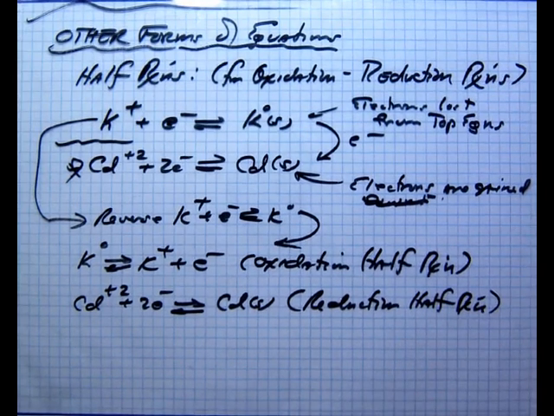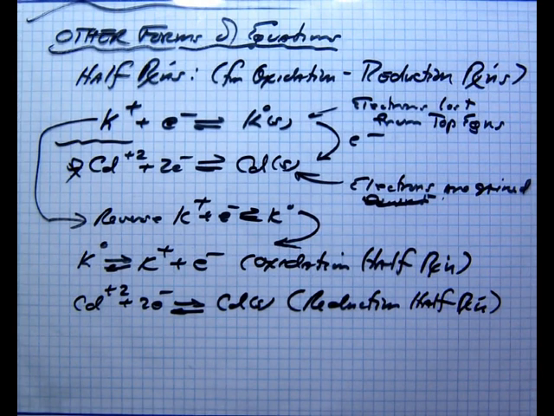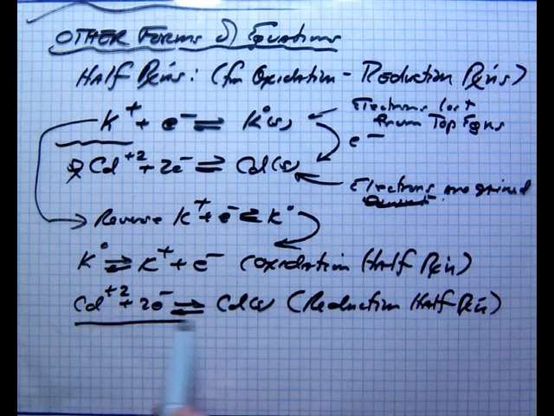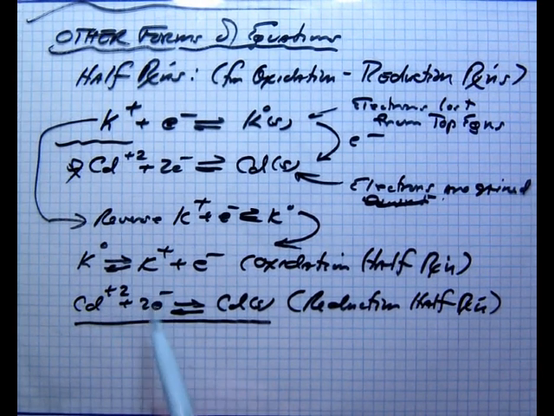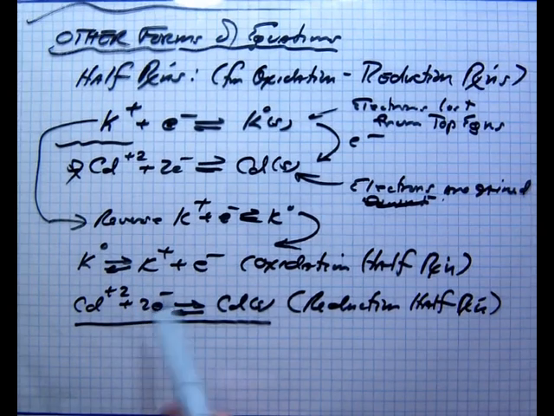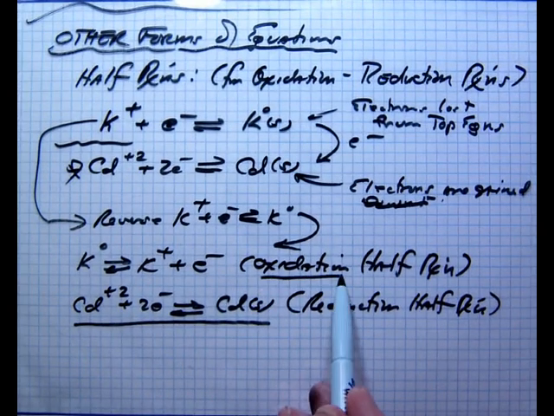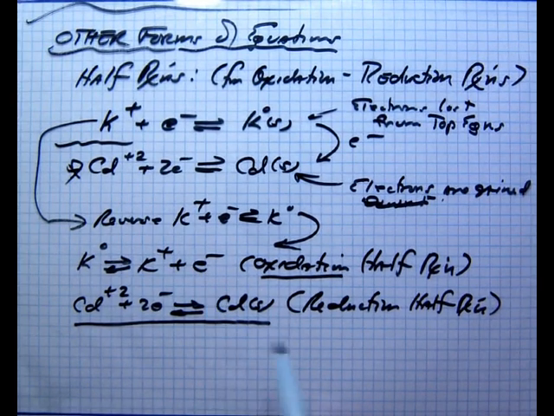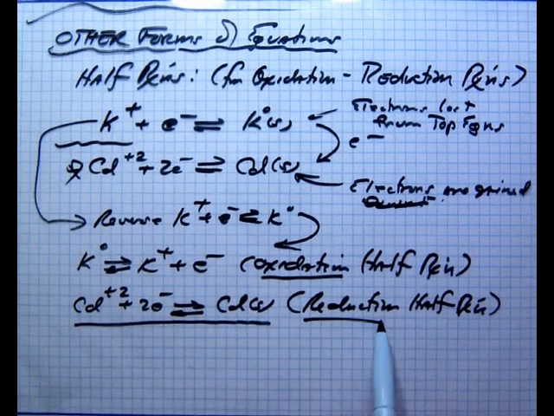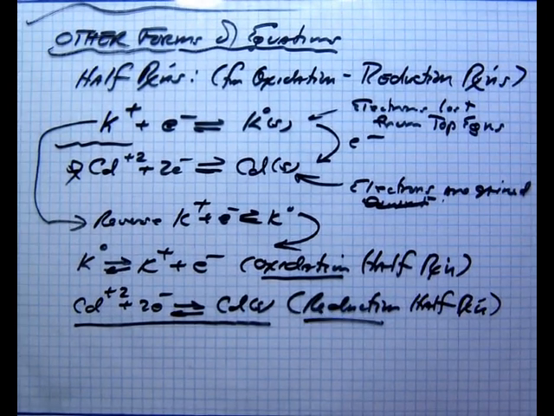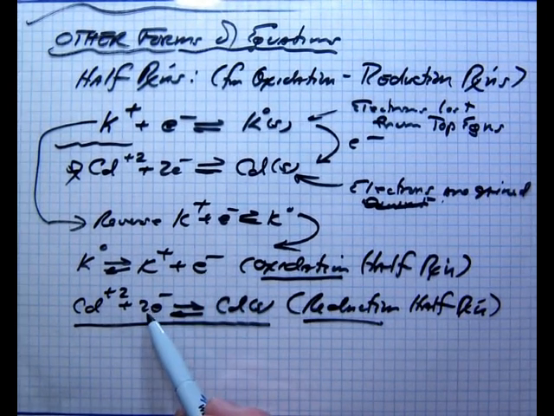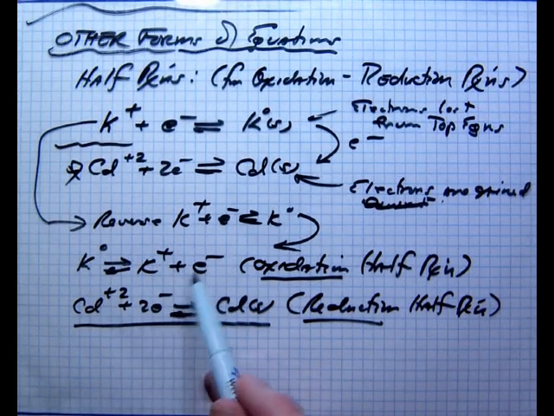Now this is a good place, and I always do this, to show you what I mean by mass balance. Charge balance. If you add these two together, you want the number of electrons in oxidation, listen, that's here, to equal the number in reduction. Here we have 1, here is 2. So this combination wouldn't work.